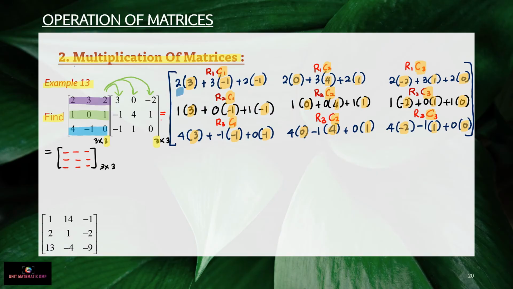Here is your R1. This is your R2, you will use that till the end, and this is your R3. Okay, so that's how the steps for you to do the multiplication, and at the end you will get a final answer: 1, 14, negative 1, 2, 1, negative 2, 13, negative 4, and negative 9.